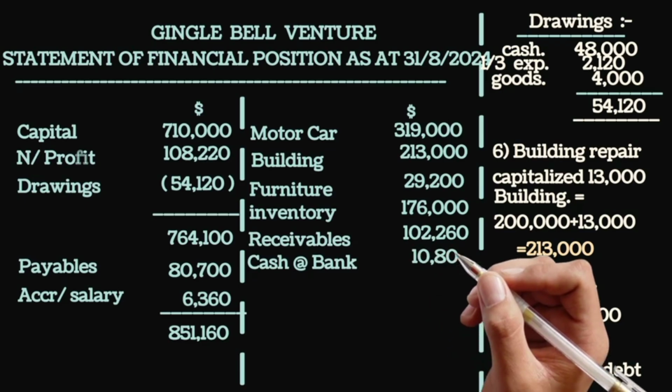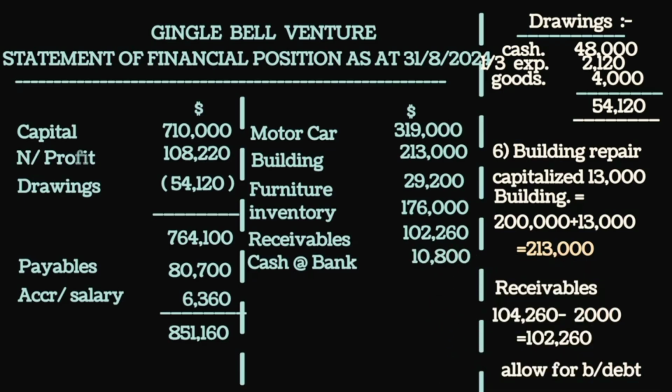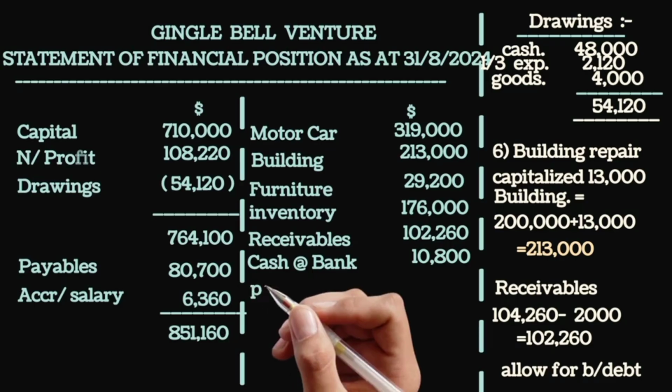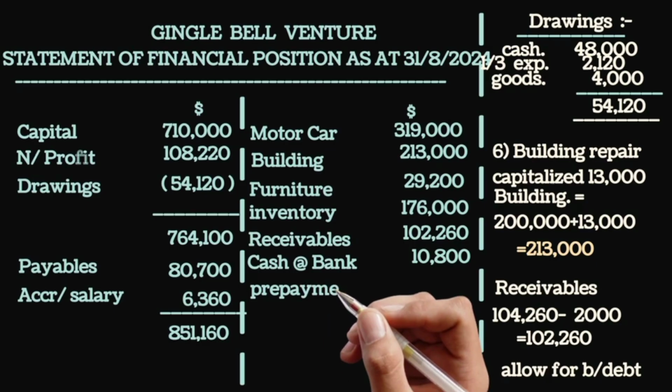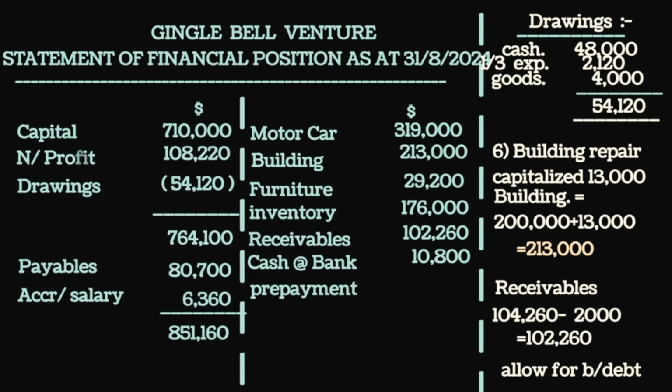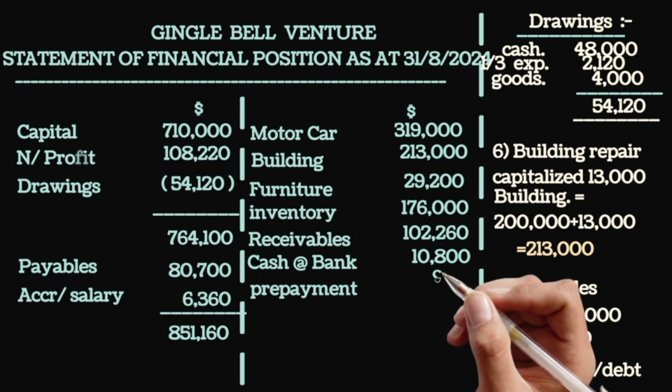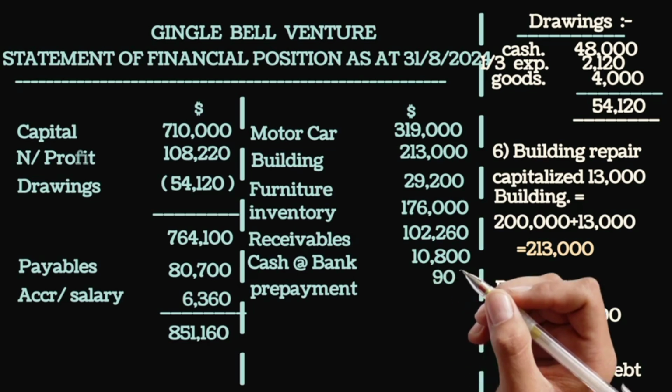Is there any other current asset? Cash at bank. Cash at bank remains, and the value is 10,800. Is there any prepayment?